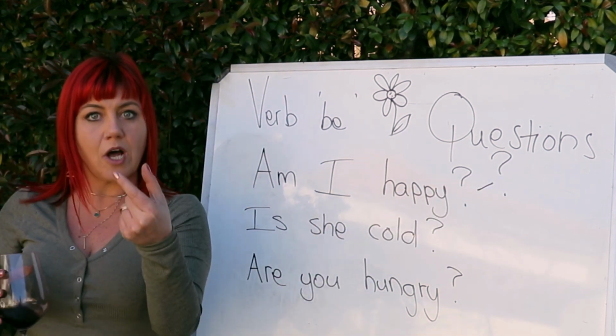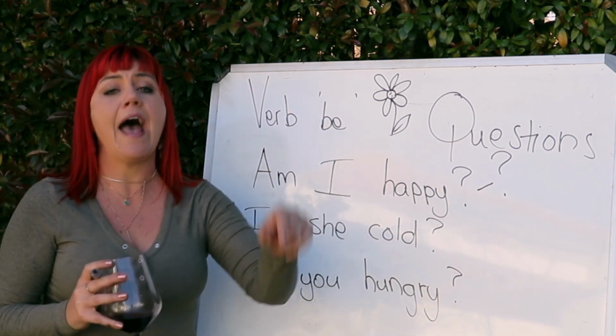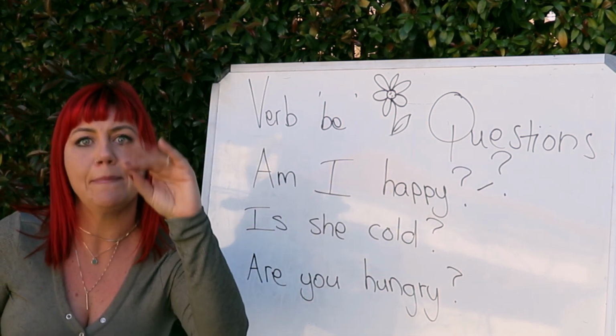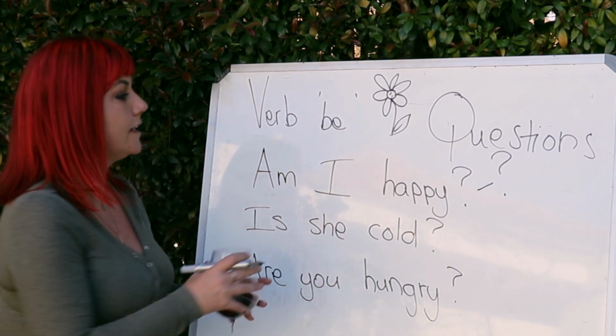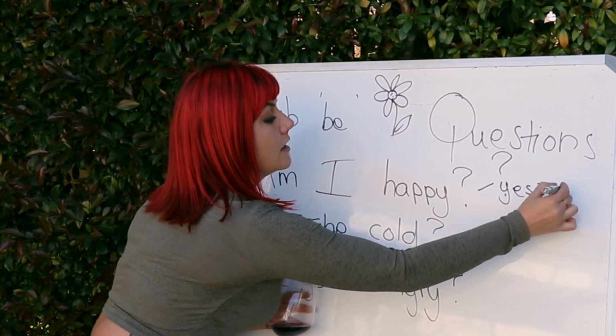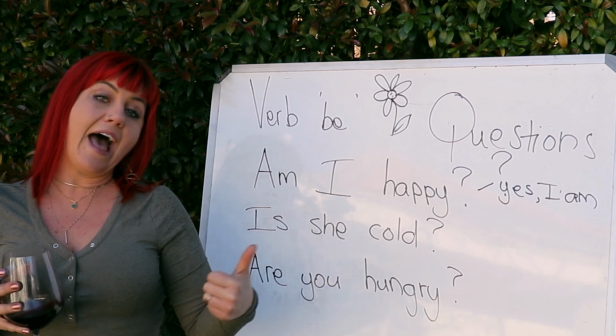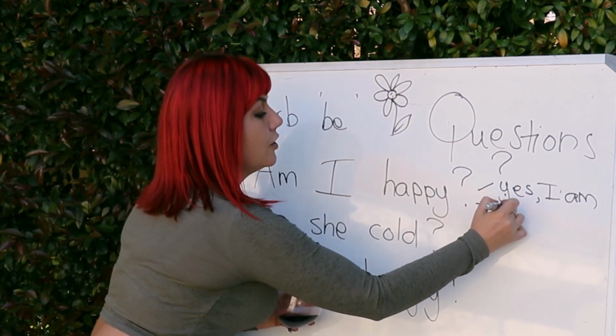We like short answers in English. We don't have to say, yes, I am happy, blah, blah, blah. It's too long, not interested. You can say, yes, I am, or no, I'm not.